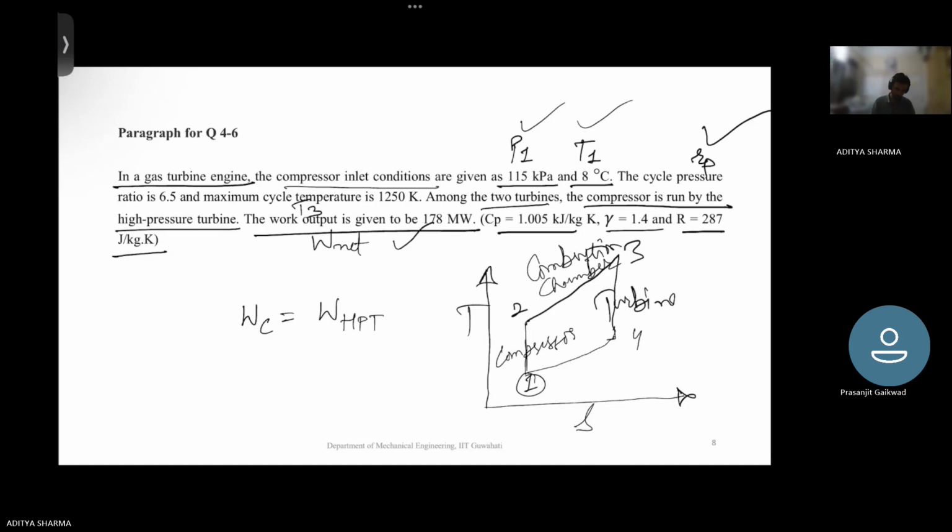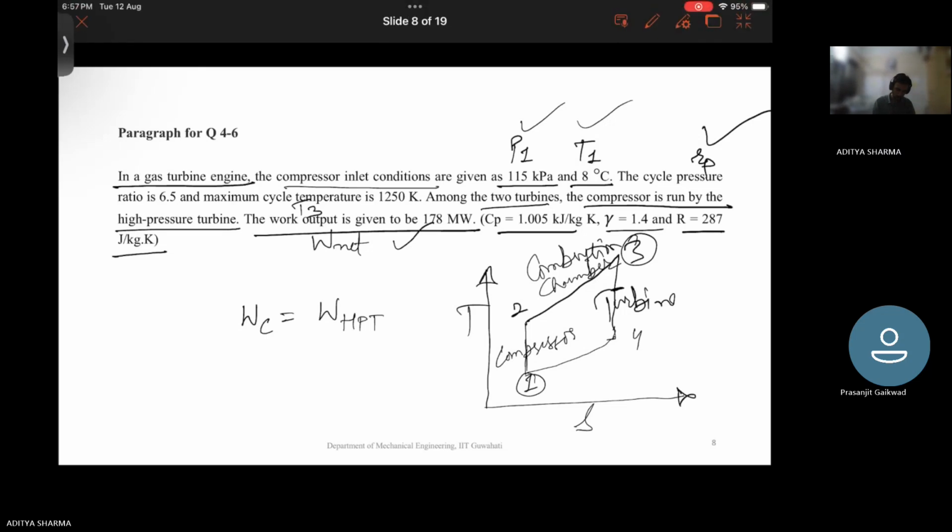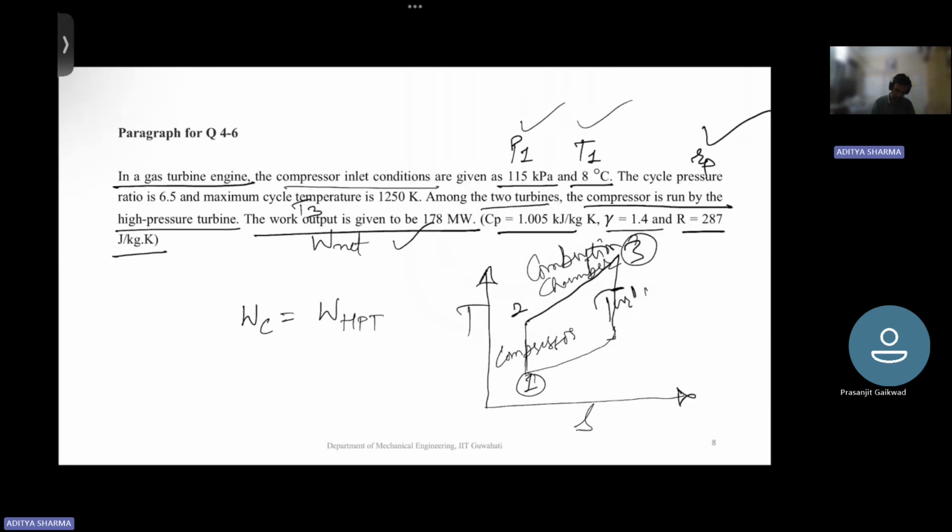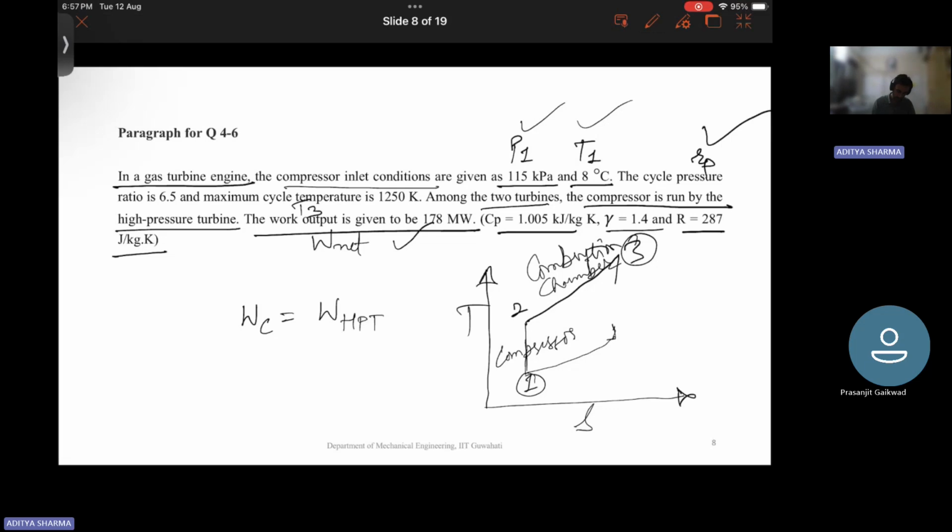Then maximum temperature T3, that is at the exit of combustion chamber, is given. When two turbines are being used, the expansion takes place in two steps. First is 3 to 4, then 4 to 5. Let's say this is high pressure turbine and this is low pressure turbine.